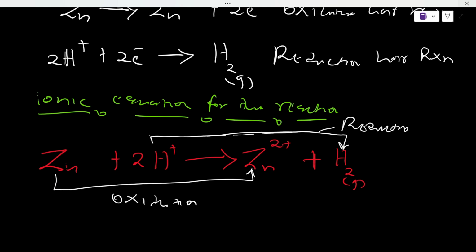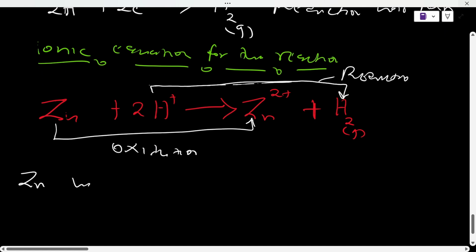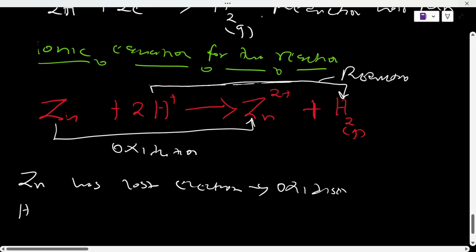So we say zinc has lost electrons. Therefore, it has been oxidized. Now, hydrogen ion, to be specific, has gained electrons, and therefore it has been reduced.